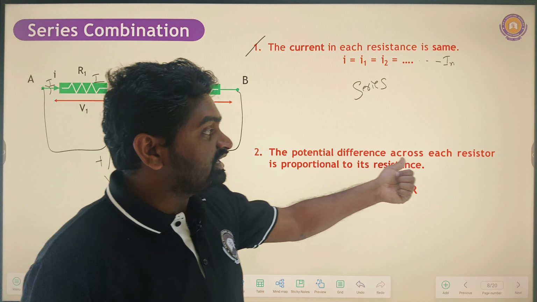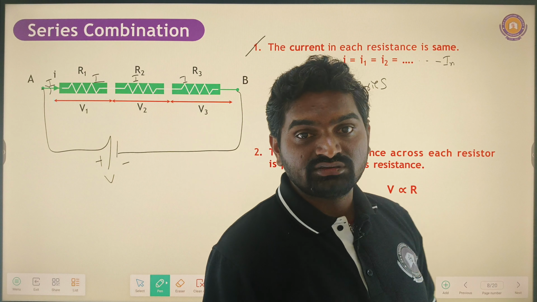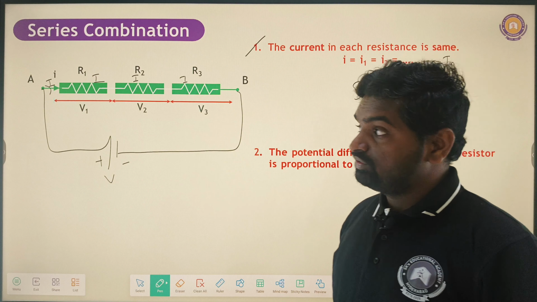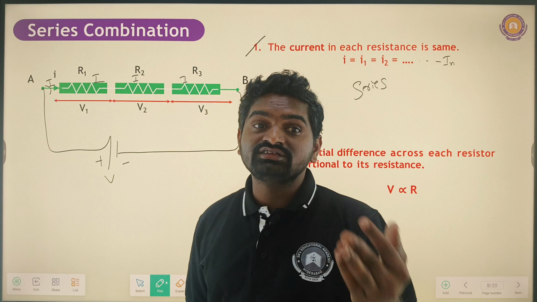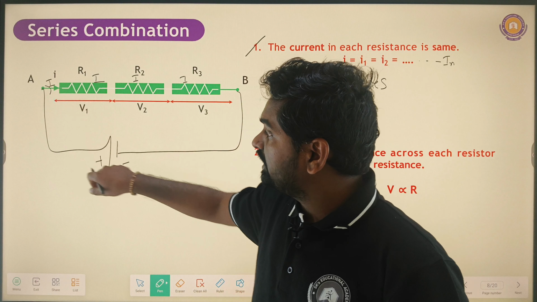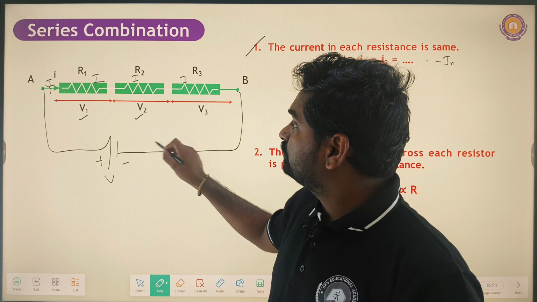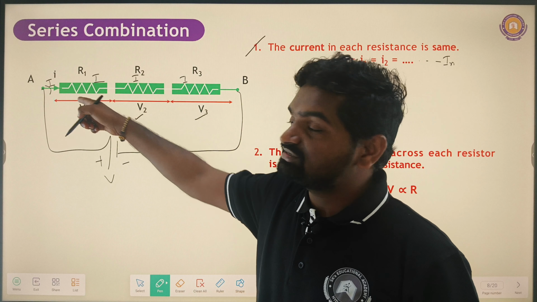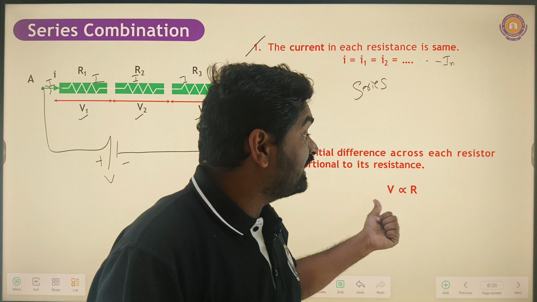Next, the potential difference across each resistance is proportional to its resistance. But what is changing? In series connection, voltage will be changing. If V is applied across the total resistance, it changes as V1, V2, V3. Because resistance is changing, voltage is also changing, because they are directly proportional.